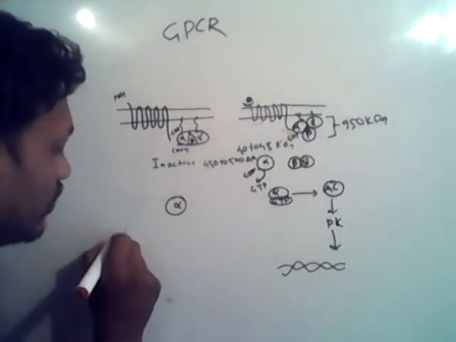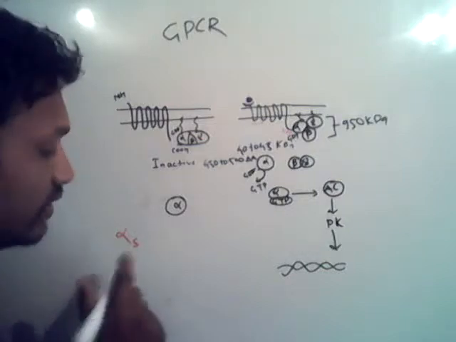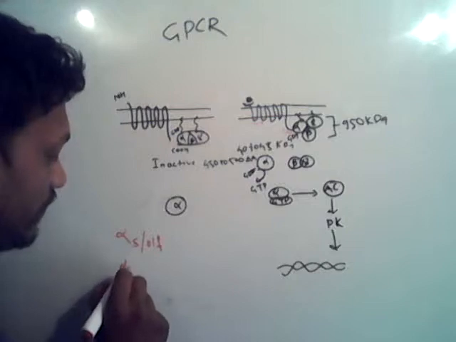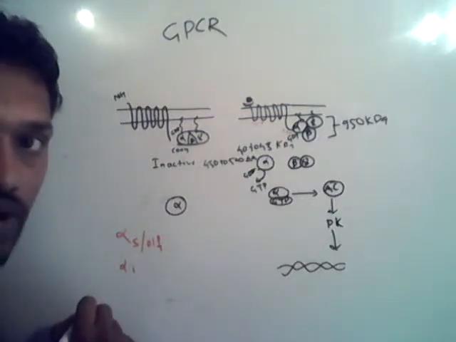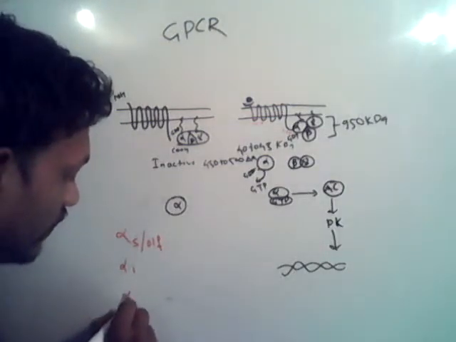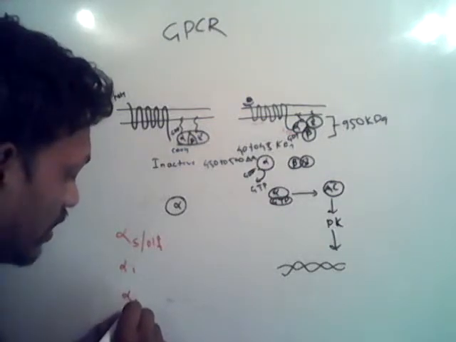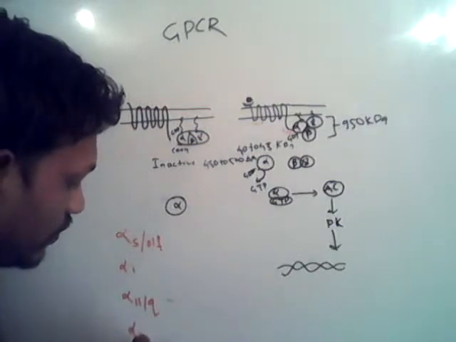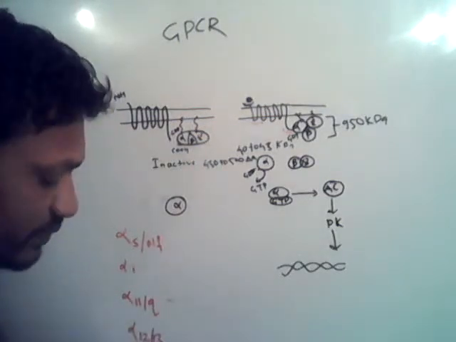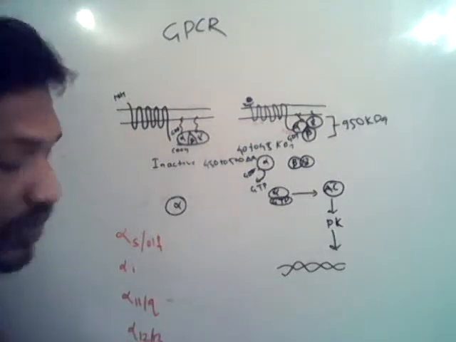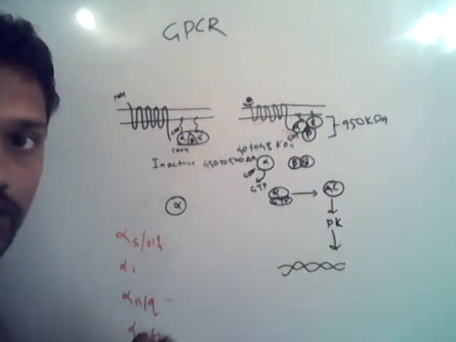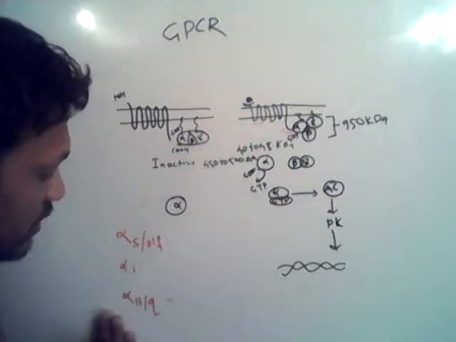It is categorized into alpha stimulant or alpha OLF, alpha inhibitor or alpha I, alpha 11 or Q, and alpha 12 or 13.